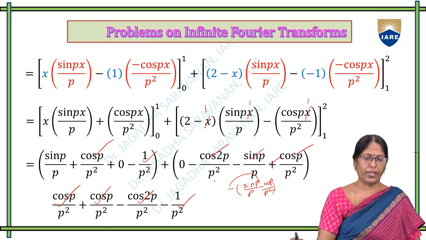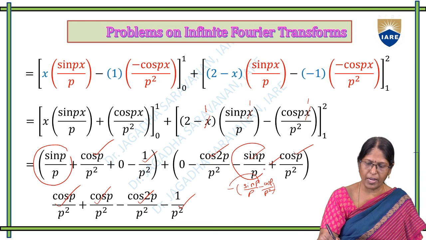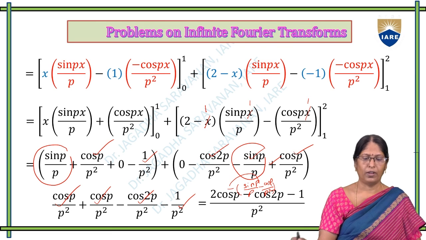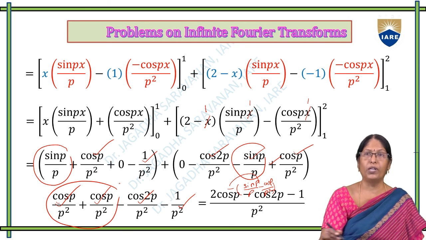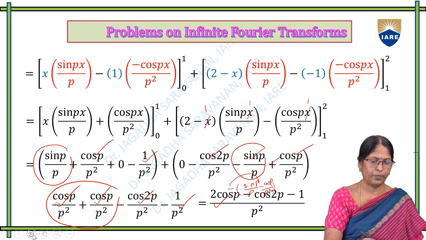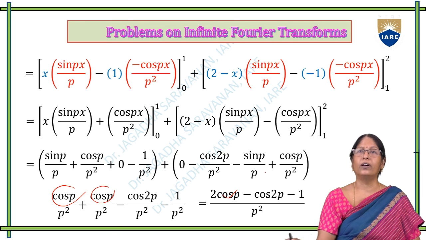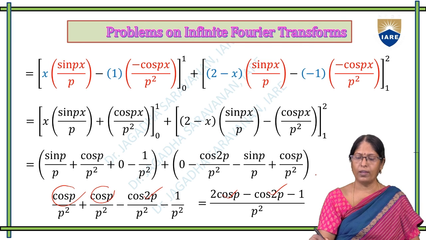So the leftover is sin p by p minus sin p by p. They are getting cancelled. Now we can simplify, both are similar, so 2 cos p, this and this put together, 2 cos p minus cos 2p minus 1 by p square.